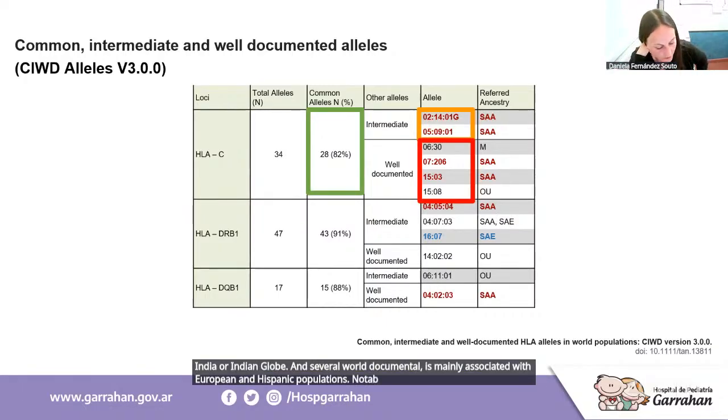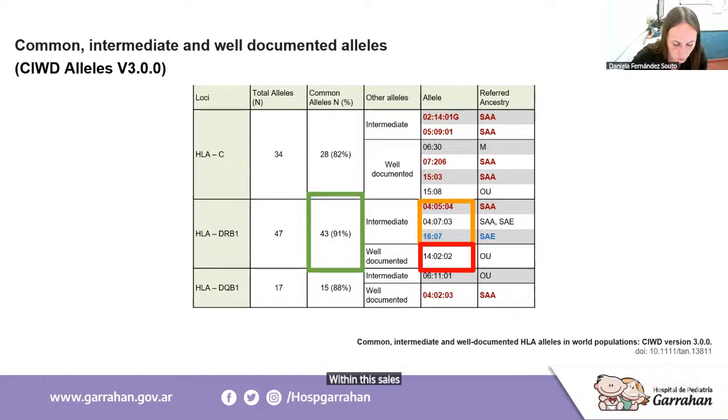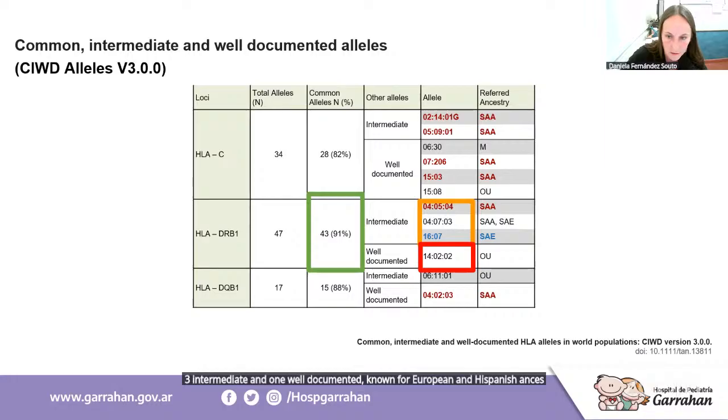Notably, some of these were detected in an unexpected group. Within these alleles for class 2, we observed 43 common alleles for DRB1, 3 intermediate, and 1 well-documented, known for European and Hispanic ancestry, found in other groups.